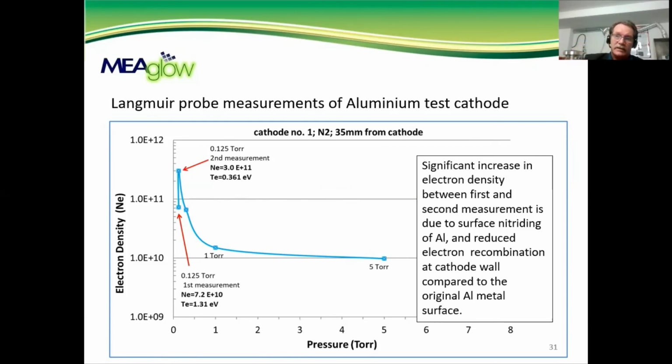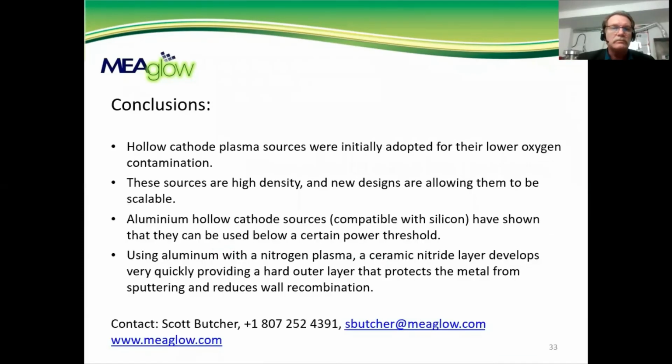There'd be a bit of variation depending on how we were looking at these cathodes from one cathode to the next, but there was always an increase of electron density from the bare metal to the nitrided sample. And we understand this in terms of electron and plasma species recombination, because at the metal walls, you see a lot more recombination than you do at dielectrics. So this is indicating again that we had an aluminum nitride protective surface.